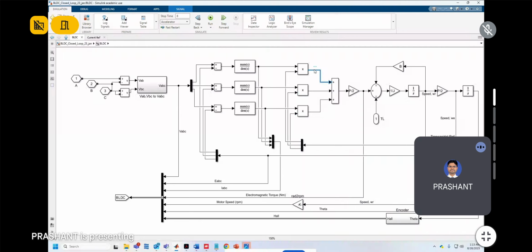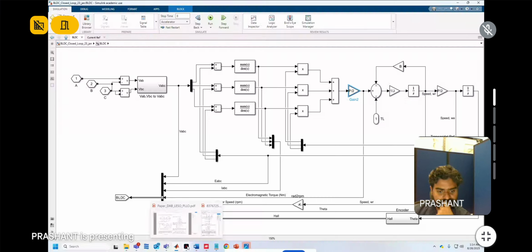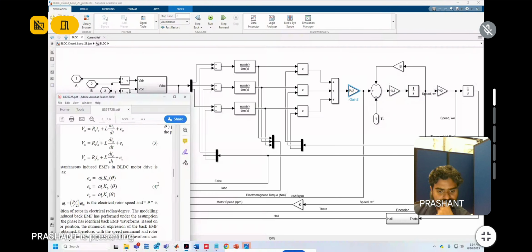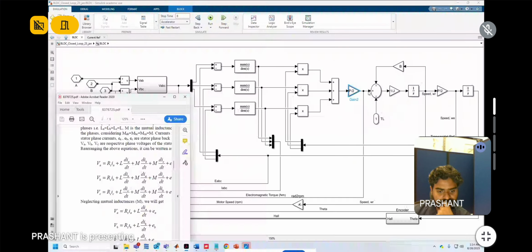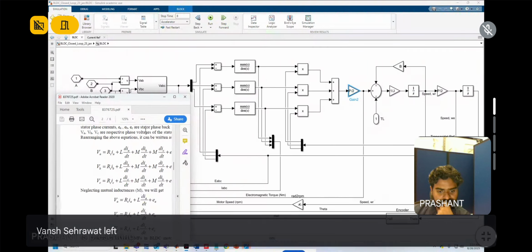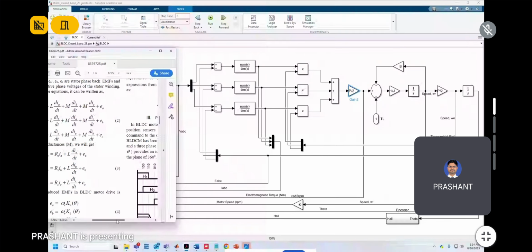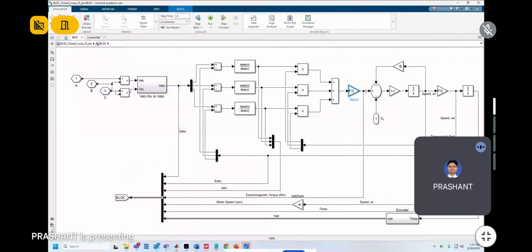So this is KaIa, this is KbIb, this is KcIc, and adding all these three terms, into P by 2, gives the electromagnetic torque of the motor. So here I am getting TE.